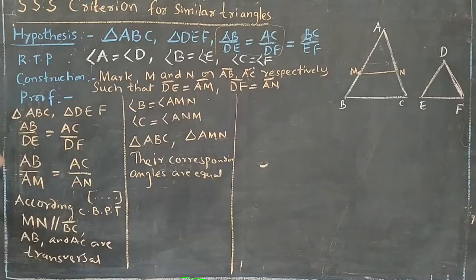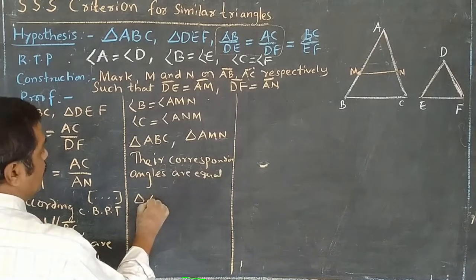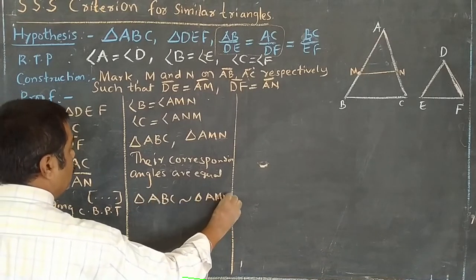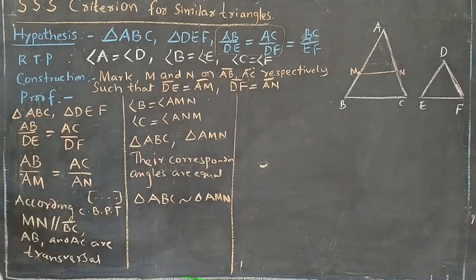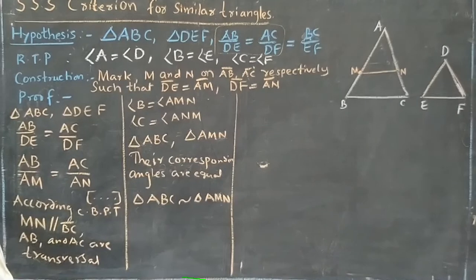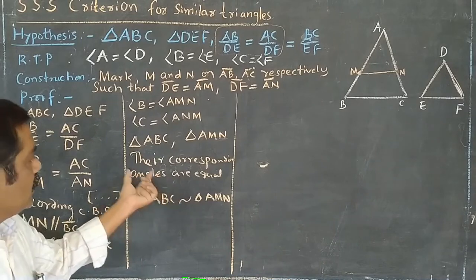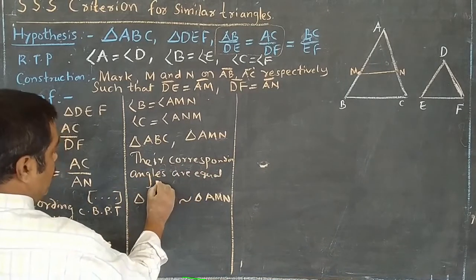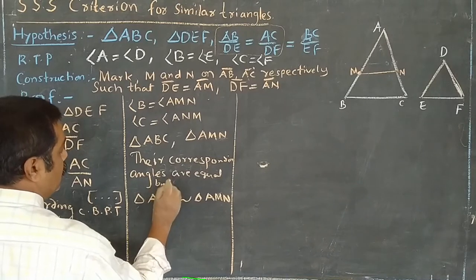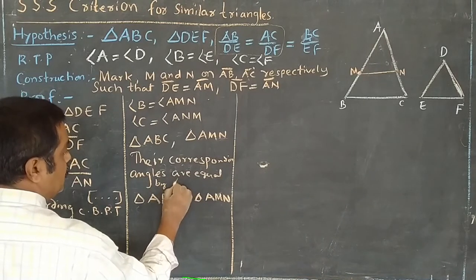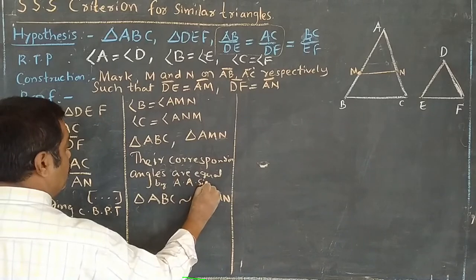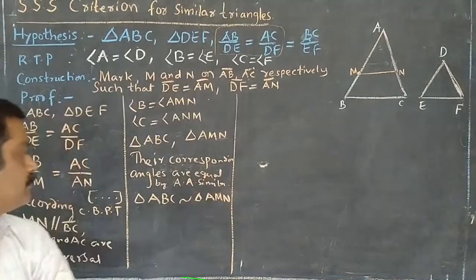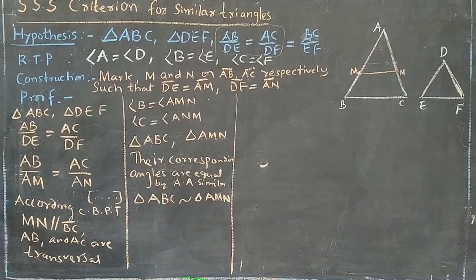When the corresponding angles are equal, we have to say triangle ABC is similar to triangle AMN. Already we learned the AA similarity criterion, which says the corresponding angles are equal. So write by the supporting theorem, the AA similarity criterion. By the help of the AA similarity criterion, we accept ABC is similar to AMN.